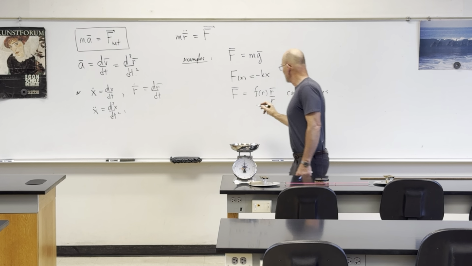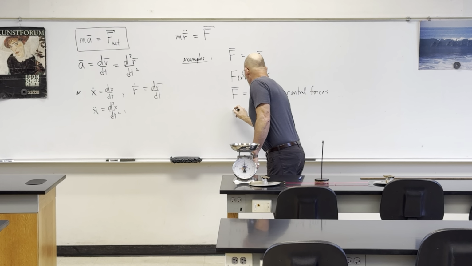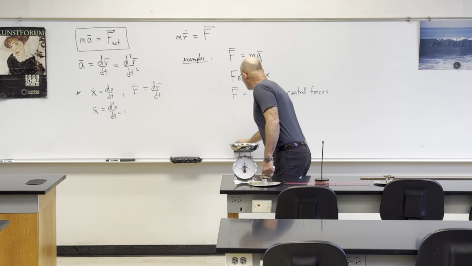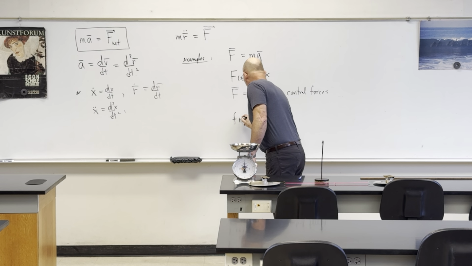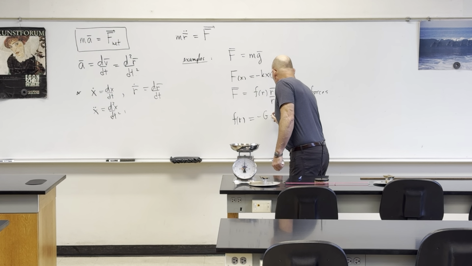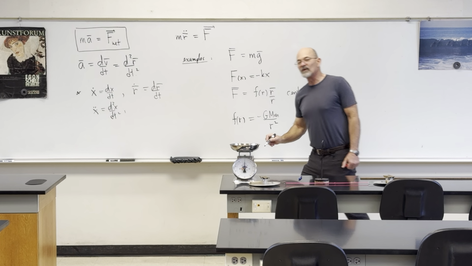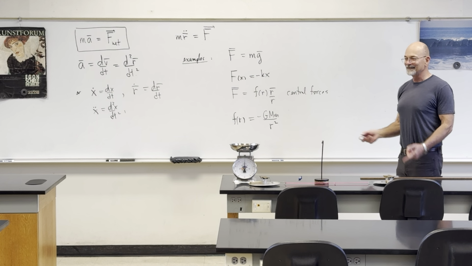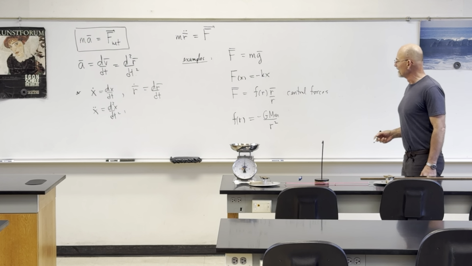If we take the magnitude of this, actually, referring to this here, I could say, suppose we had f of r is equal to minus G product of masses over r squared, then what would we be looking at? Newton's law of gravity, yeah.